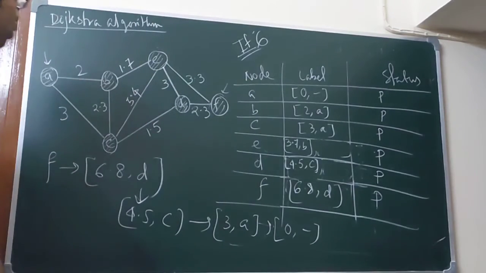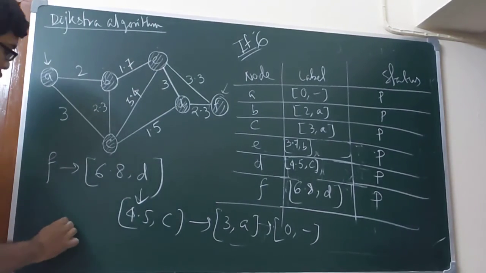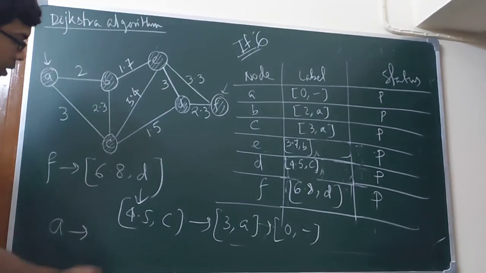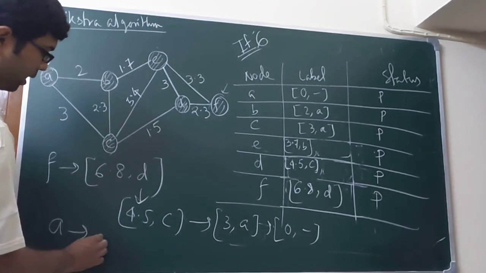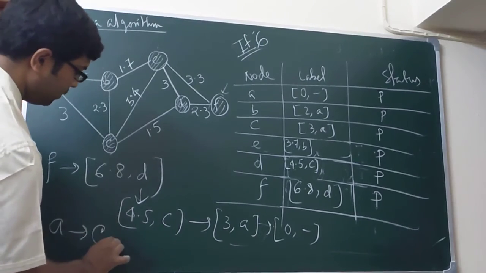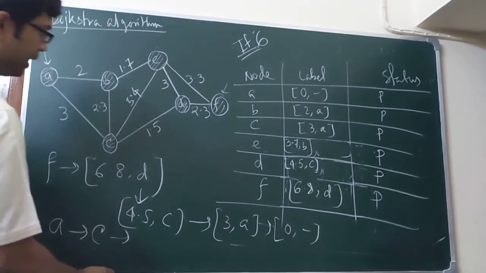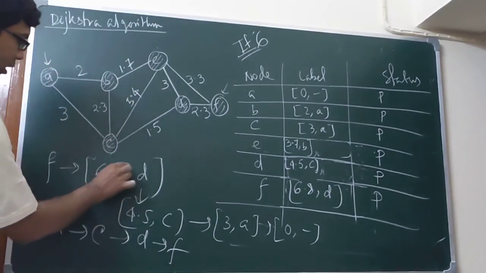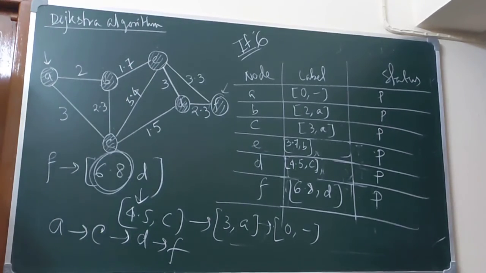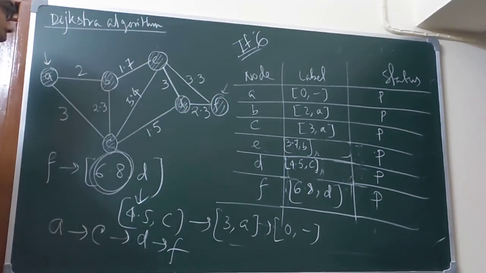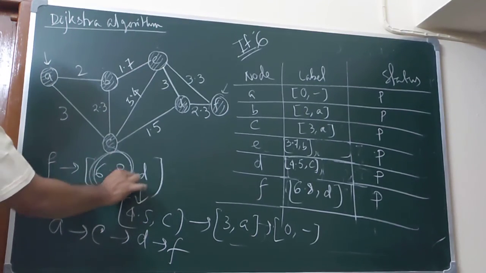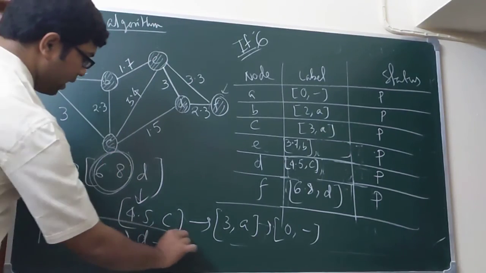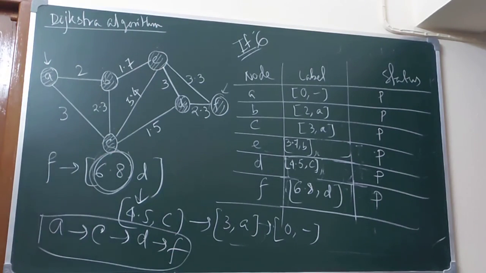Now, what is the path? The shortest path is A to C, then C to D, and then D to F, with the cost 6.8. This is the shortest path from A to the destination F. This is the single source shortest path. So the total weight is 6.8 and the path is A, C, D, F. Thank you.